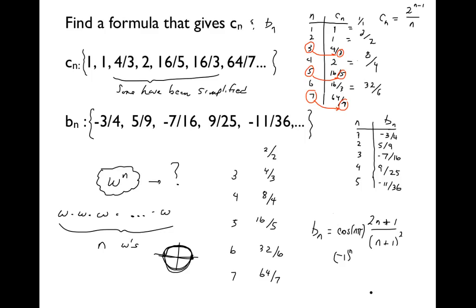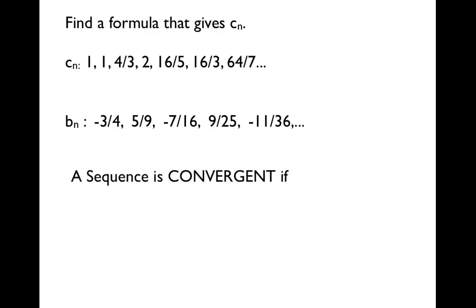Okay, questions about these examples? Okay, so then we talk about whether a sequence is convergent or not. Let's write out these again. So what was Cn? Cn was 2 to the n minus 1 over n, and then this one was, we had an before, 2n minus 1.